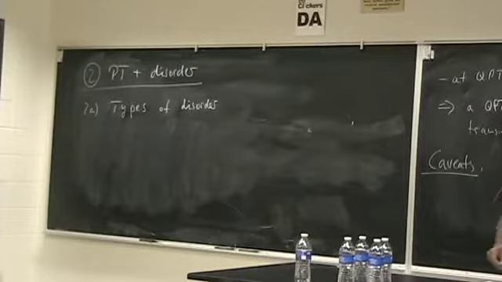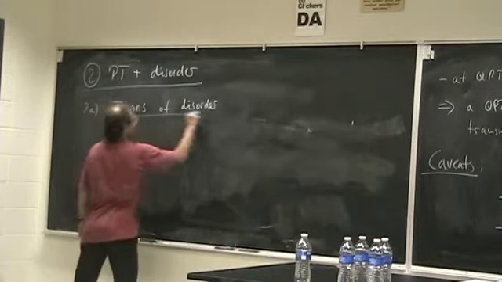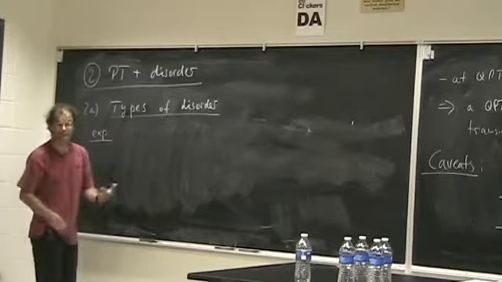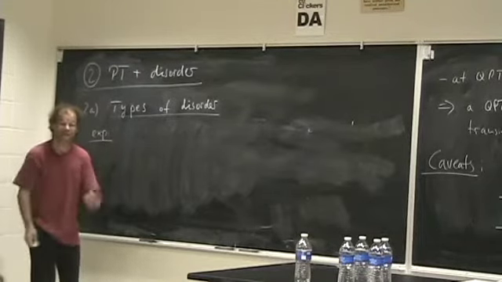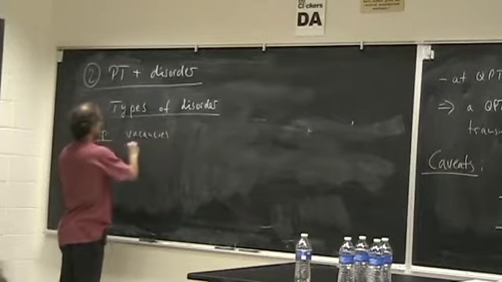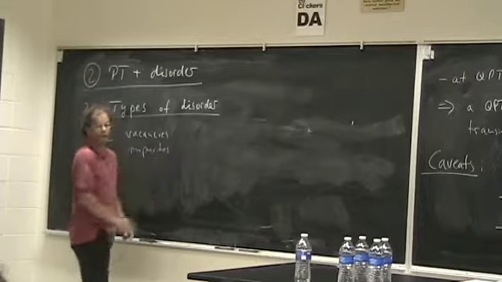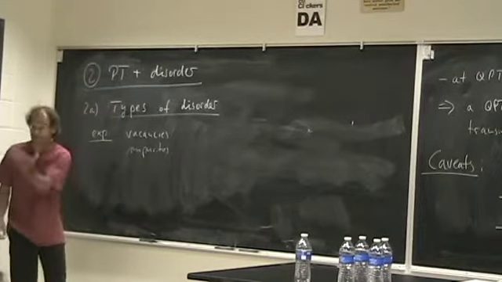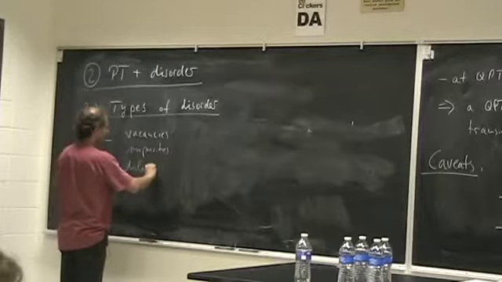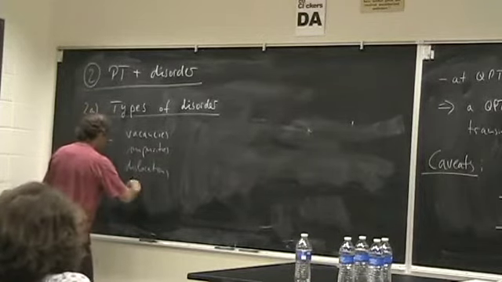Fundamentally, you can have dilution, you can have vacancies in your crystal, vacancies or impurity atoms. Or you could have extended objects like dislocations, or grain boundaries.